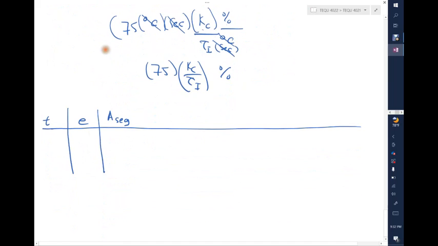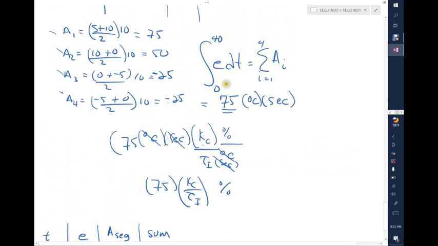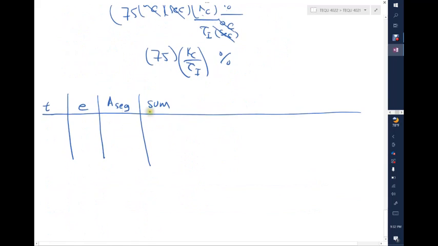So after that, then we have the sum. The sum is this part here, in which after you calculate each one individually, then you start to add them up. And eventually after you have the sum, the next thing that you want is the calculation of the actual CO, and then any corrected.